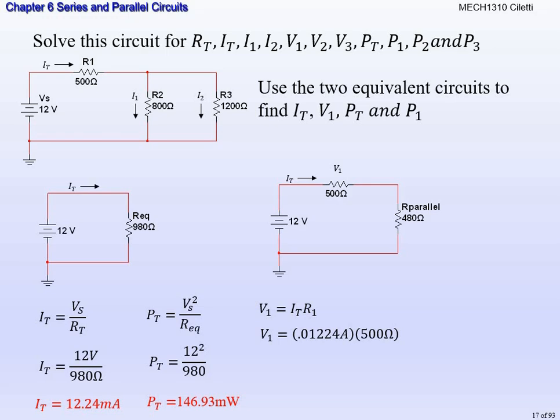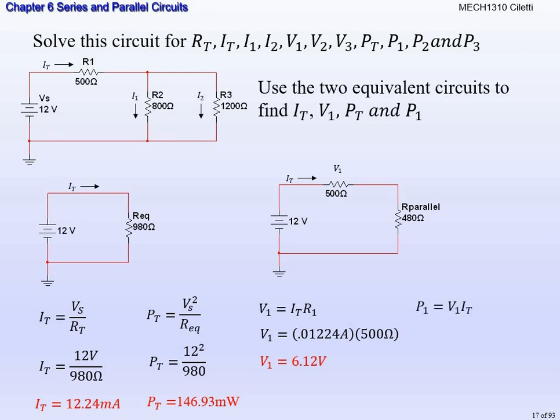So use 0.01224 times 500. The voltage drop V1 is 6.12 volts. That's the voltage drop across resistor 1. That's important because that's going to help us know the voltage drop across that parallel piece. We can use Kirchhoff's voltage law. We're going to use that in a second though, so important stuff.